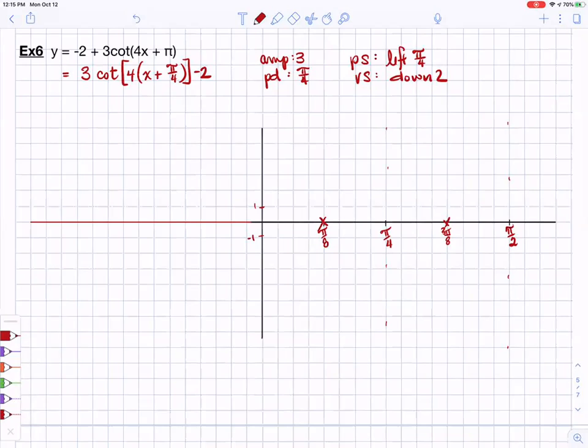Okay, so then the first guy, let's shift it backwards 8 blocks and draw our actual asymptote. X-intercept, backwards 8 blocks, but don't forget to go down 2 blocks.